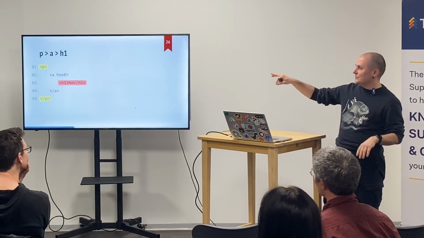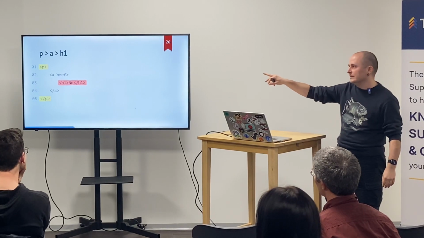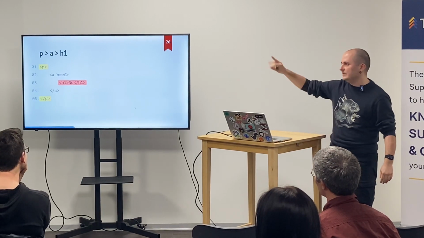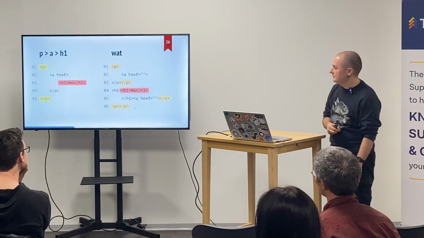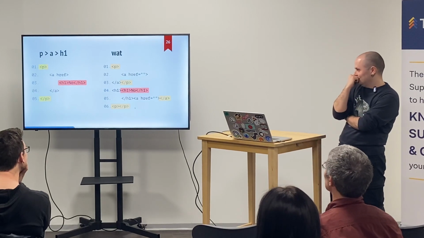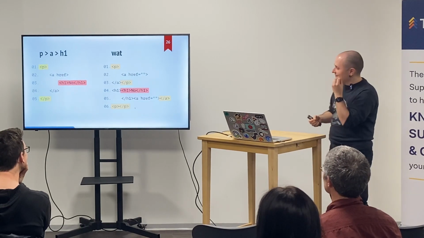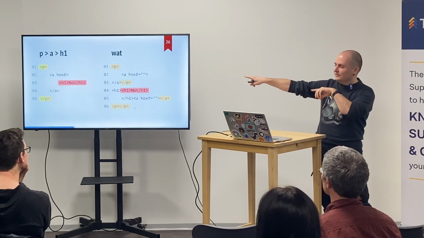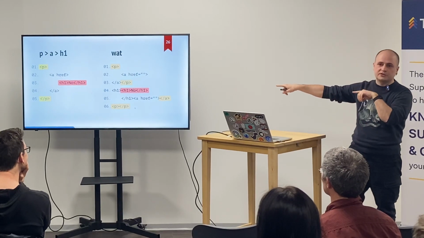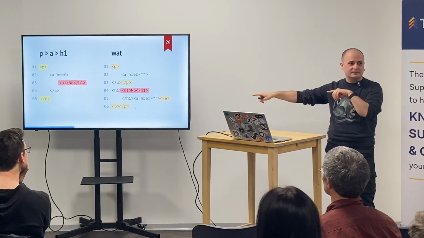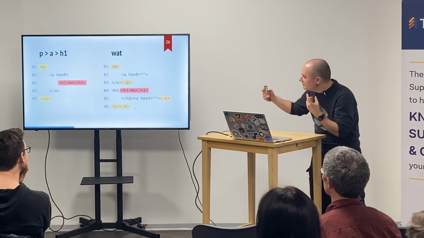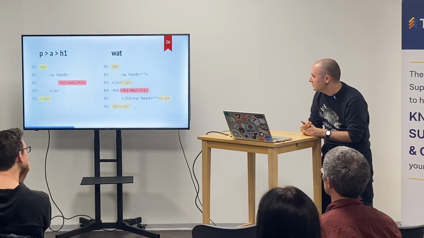For example, if you nest H1 inside of a link, which is inside of P, here's what's going to happen. On the right side, this is how the browser is going to render it in your DOM. It's hard to even explain this.